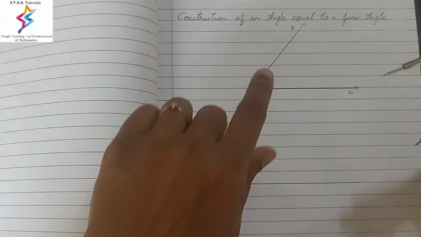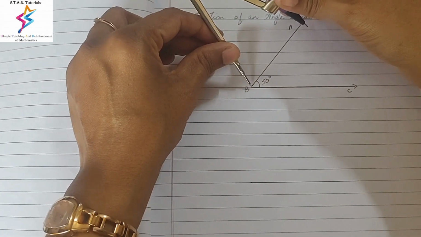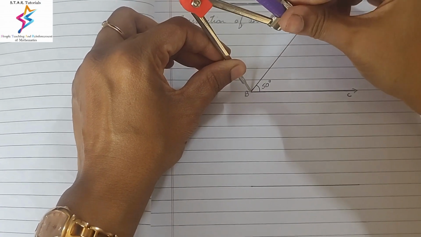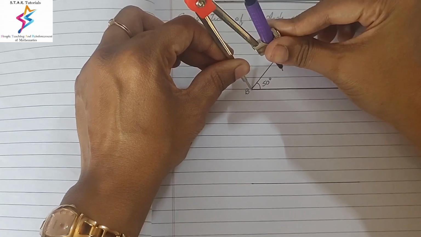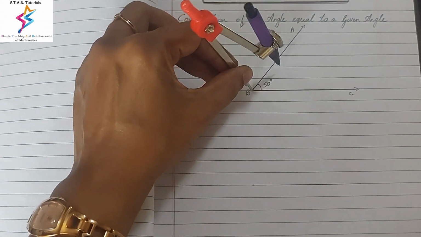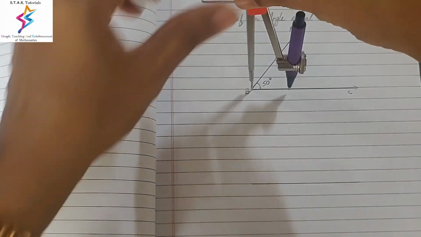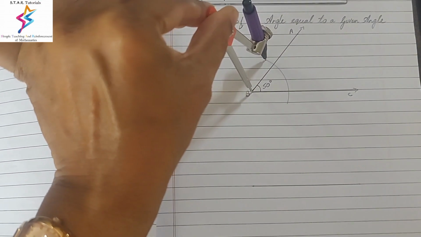The first step is the previous angle which you have drawn with the help of a protractor. Keep the pointed edge on the vertex and lower this distance, maybe this much. Keep a random distance, approximately this much, and draw an arc cutting both these arms.